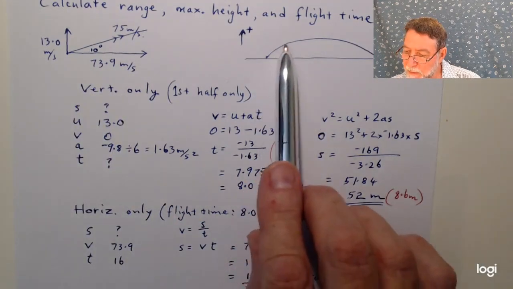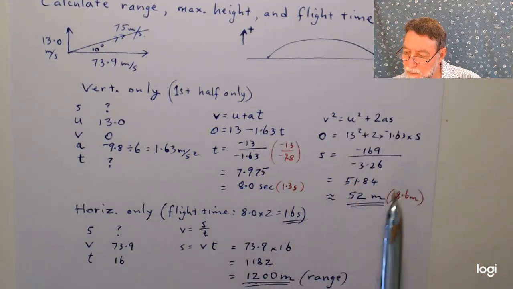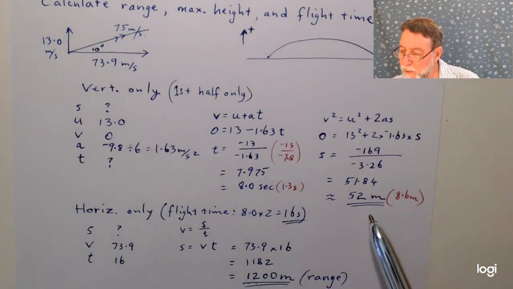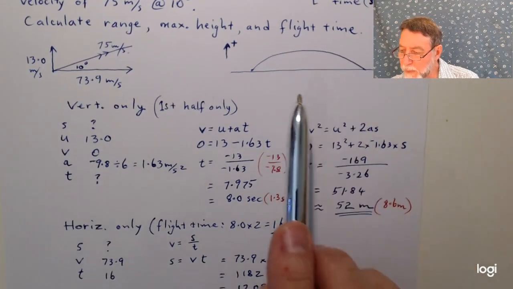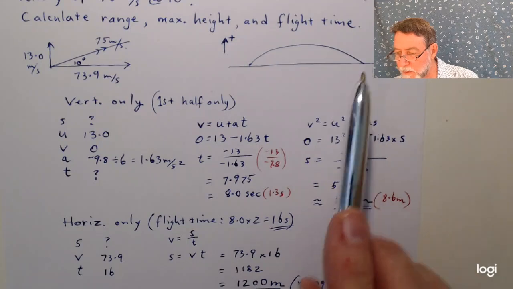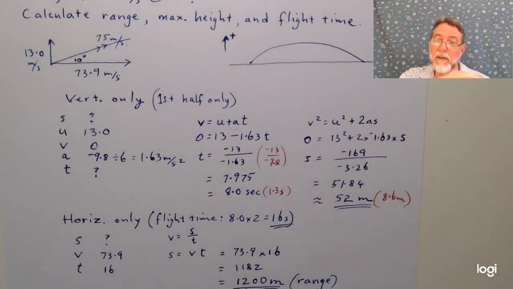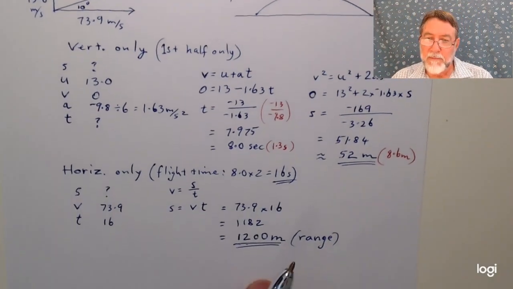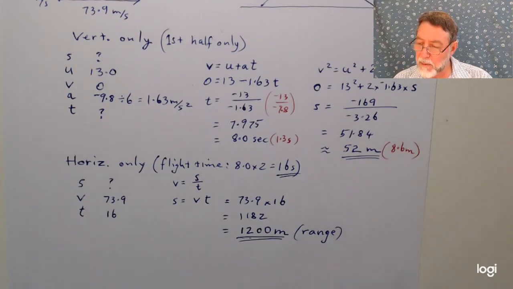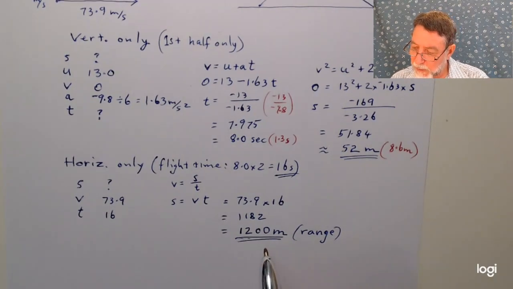Pretty flat trajectory though, isn't it? It's only really, when you look at the moon trajectory, only 50 compared to 1,200. So it's a pretty kind of flat arc, it's a flat parabola actually. So there's a comparison. What about this last one here?